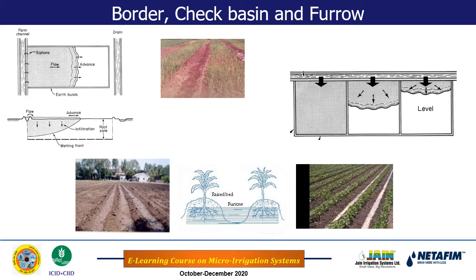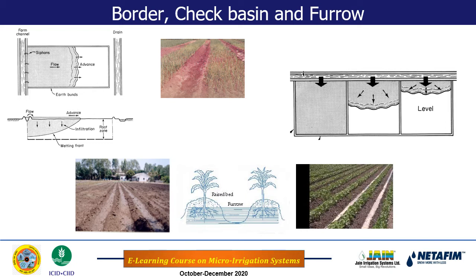But what happens while satisfying the need towards the tail end of the border, or maybe ridges and furrows, the water will deep percolate beyond the root zone towards the head portion of the border or ridges and furrows, and these are the unavoidable losses in the surface irrigation method.